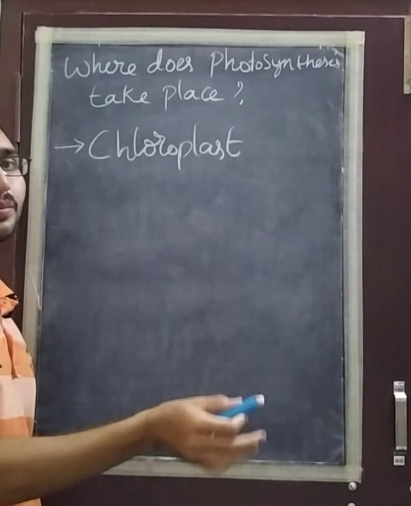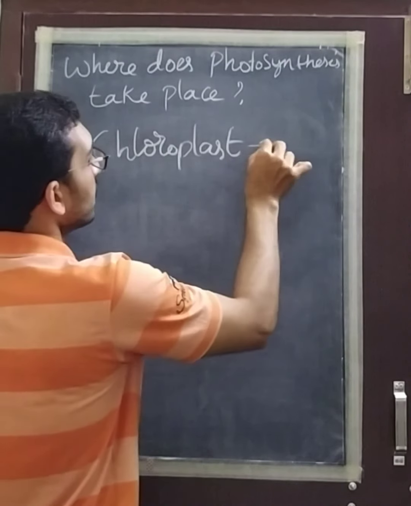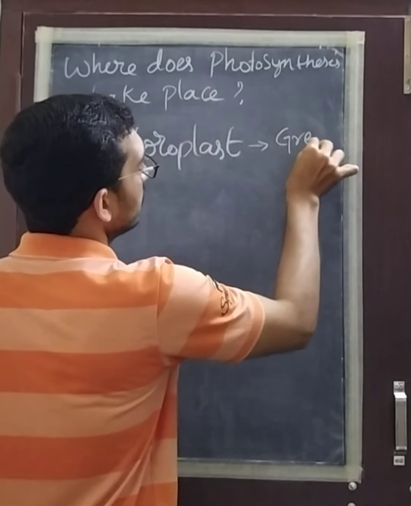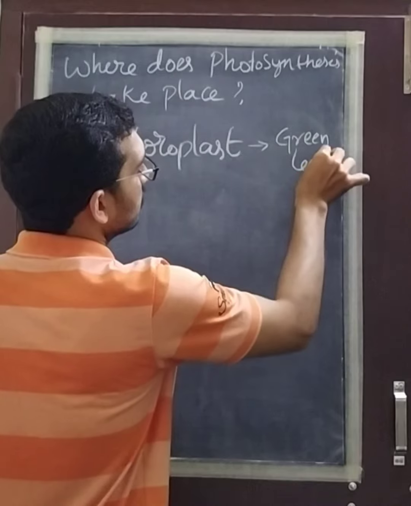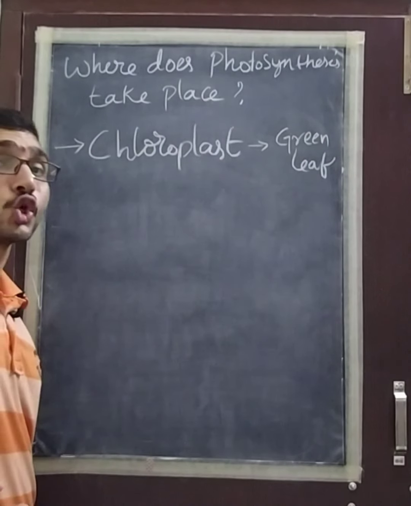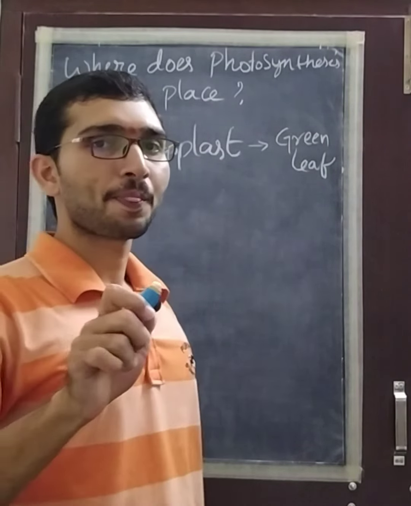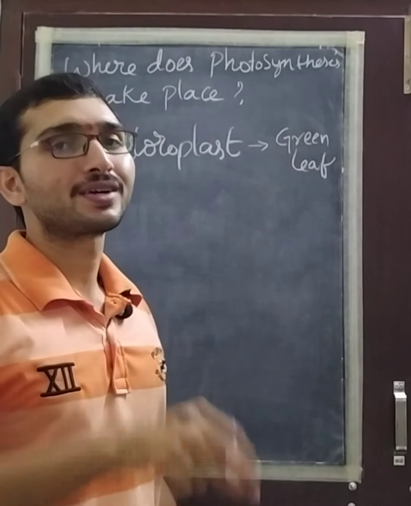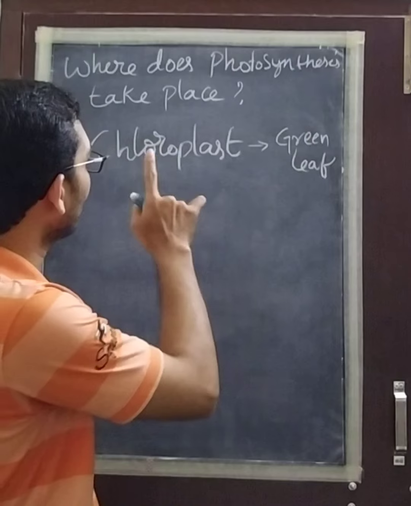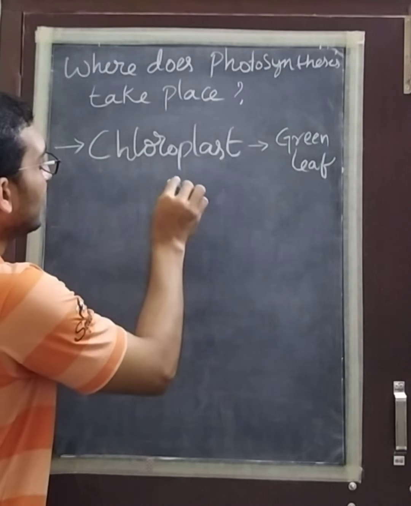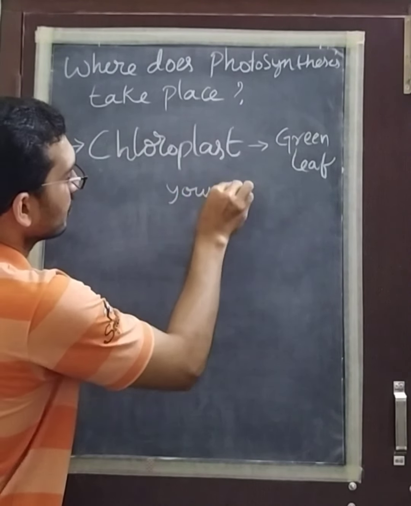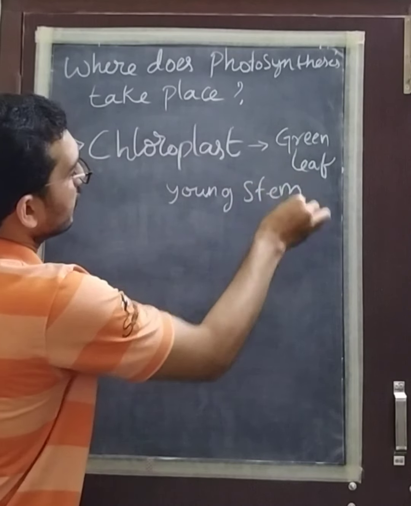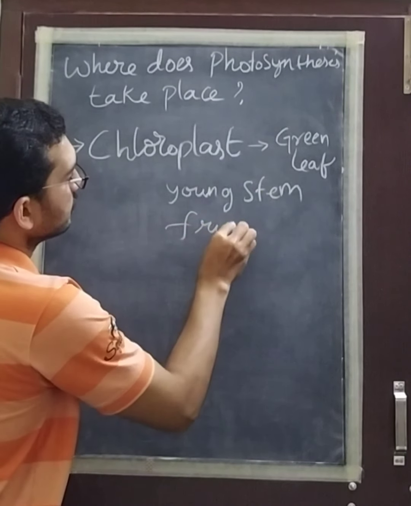So where this chloroplast is present is in the green leaf. But it is also present in the young stem as well as the fruit parts of the plant. The chloroplast can also be found in the young stem and fruits.